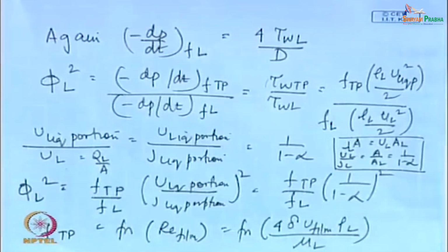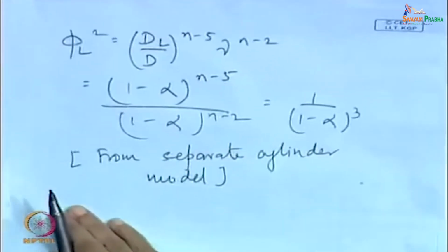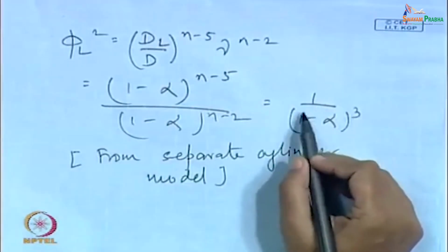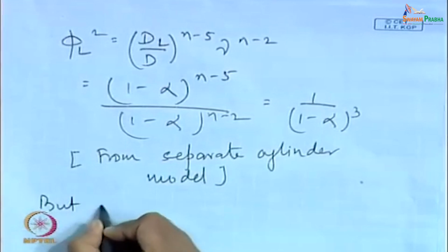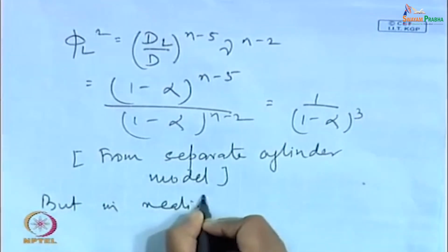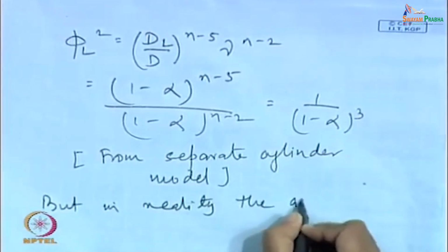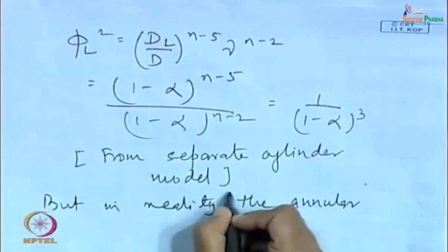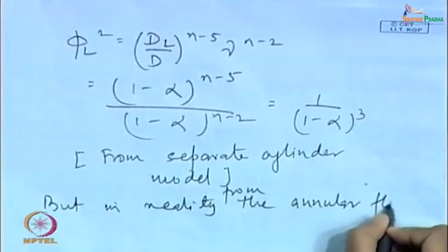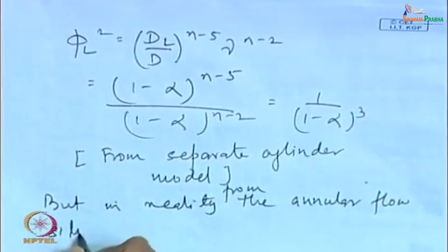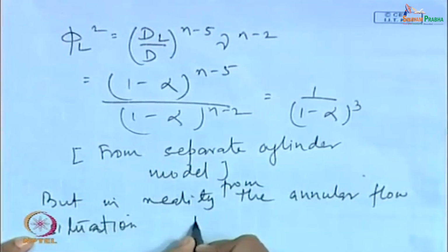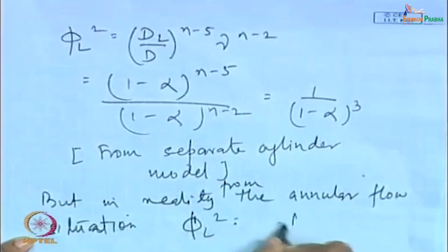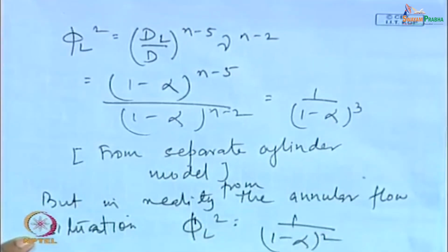So, from this what did I get? I obtained phi L square as 1 by 1 minus alpha whole cube, but in reality, from the annular flow situation, we obtain phi L square equals 1 by 1 minus alpha whole square.